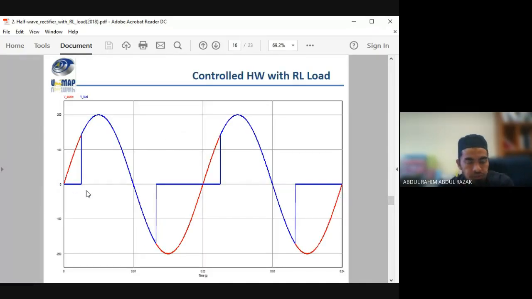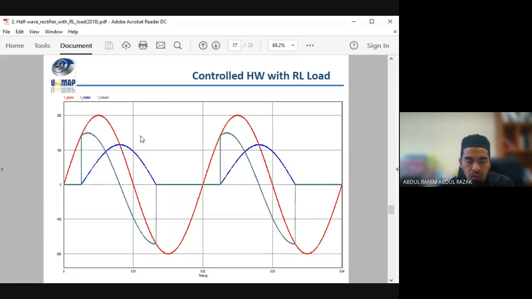Take a look here. This is the input voltage: 0 to alpha here, alpha to pi here, pi to beta, the extinction angle, then beta to 2 pi for the full cycle.